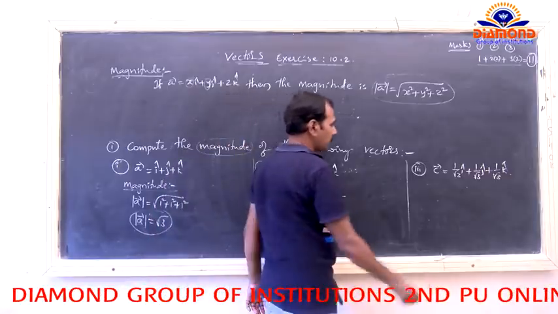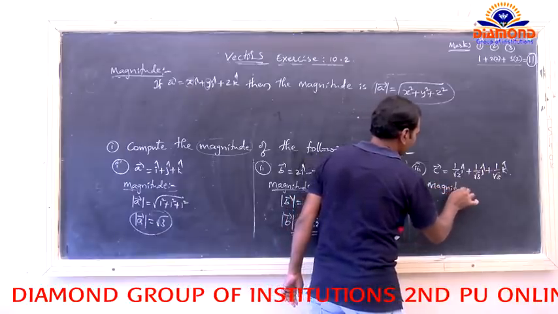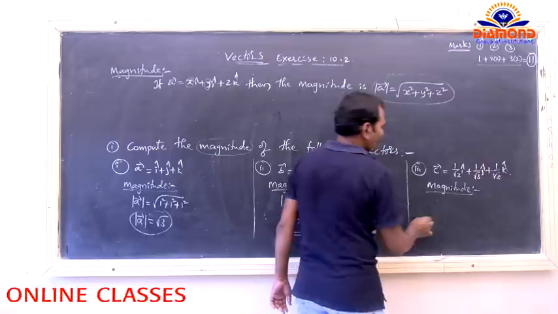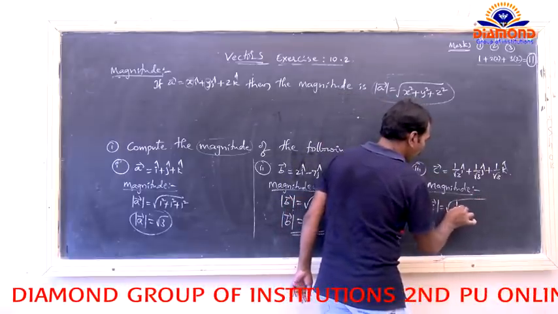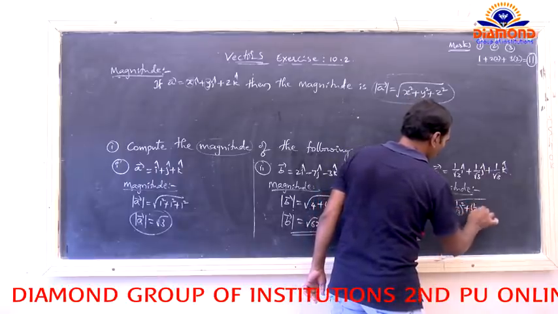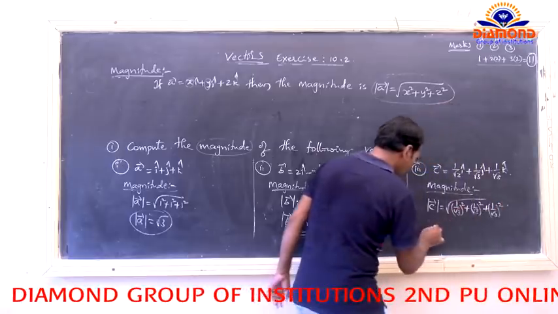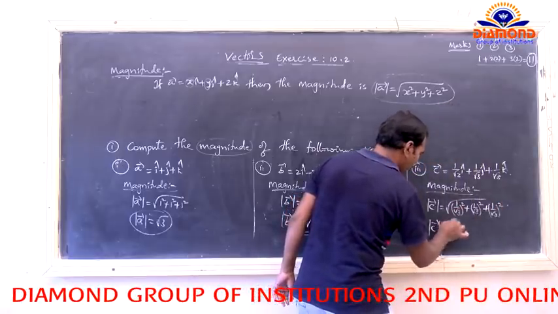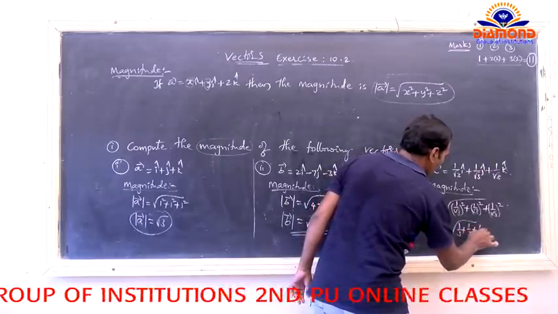Right. Next here, magnitude, same thing. Modulus of C equal to square root of 1 by root 3 whole square, again 1 by root 3 whole square, again 1 by root 3 whole square. It means magnitude of C equal to square root of 1 by 3 plus 1 by 3 plus 1 by 3.